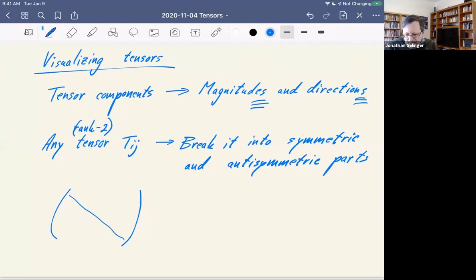That is symmetric under flipping about the diagonal. For example, we could have a tensor like 1, 2, 3, 2, 4, 5, 3, 5, 6. That means Sij equals Sji. The thing in row i, column j equals the number in row j, column i.